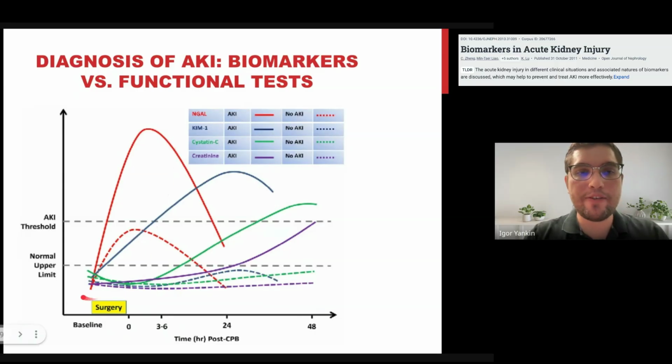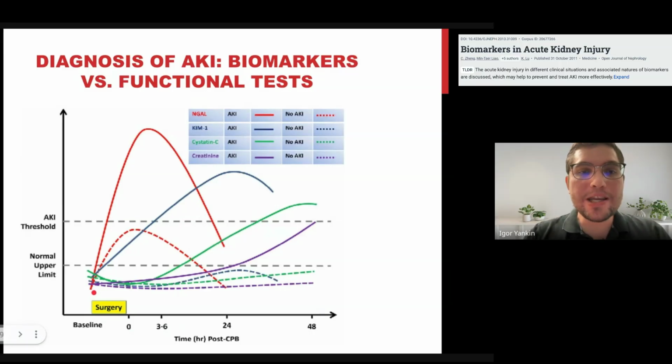So let's say you have a completely healthy patient that was anesthetized for surgery, and surgery and anesthesia is a known risk factor for AKI. Something happened during the surgery, whether it's ischemia or inflammatory surgical injury, and this patient got exposed to the insult and started developing AKI due to that.